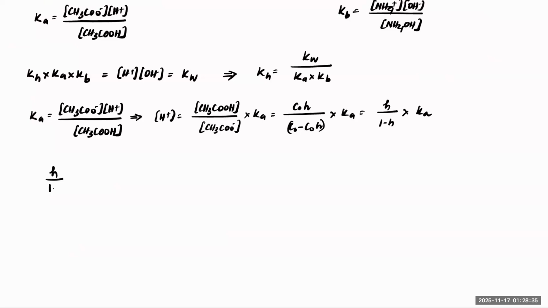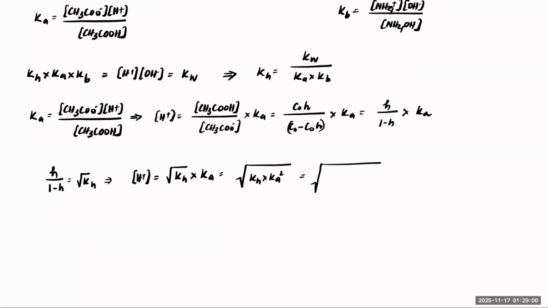That's what we will be using here. So h by 1 minus h is equal to root of KH. If I substitute that, I will get H plus ion concentration equal to root of KH multiplied by Ka. Now if I take Ka inside the root, it will become KH into Ka square.